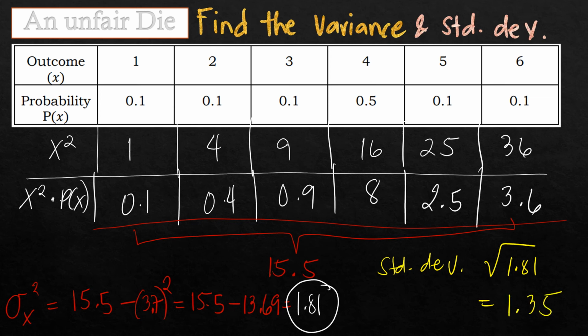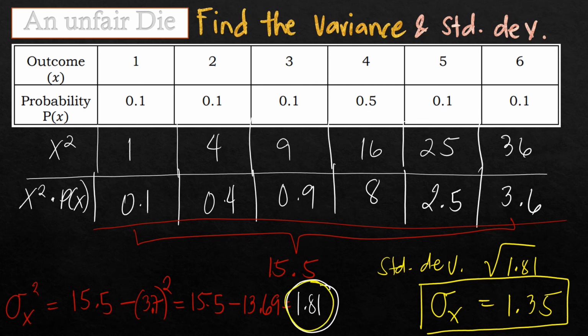So this is our standard deviation, denoted by sigma or sigma of x. So you have there your variance of 1.81 and standard deviation of 1.35. And what are their interpretations?